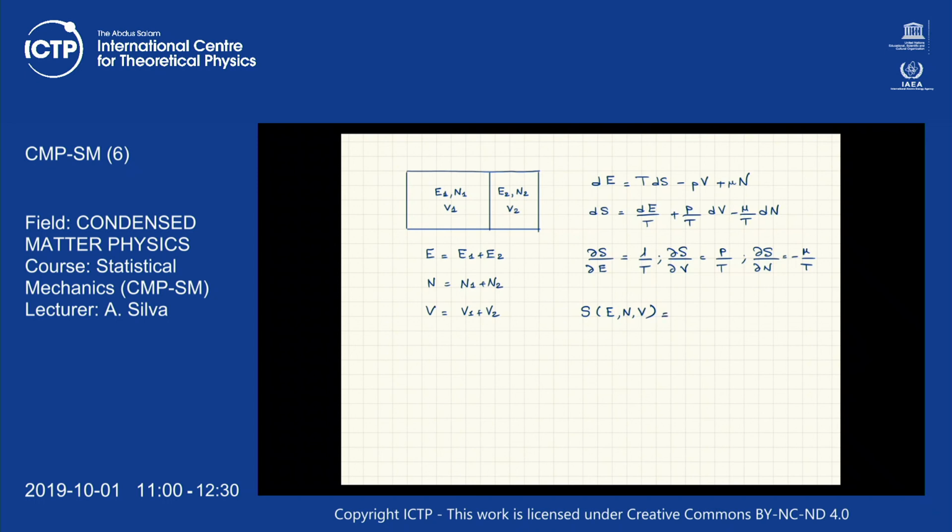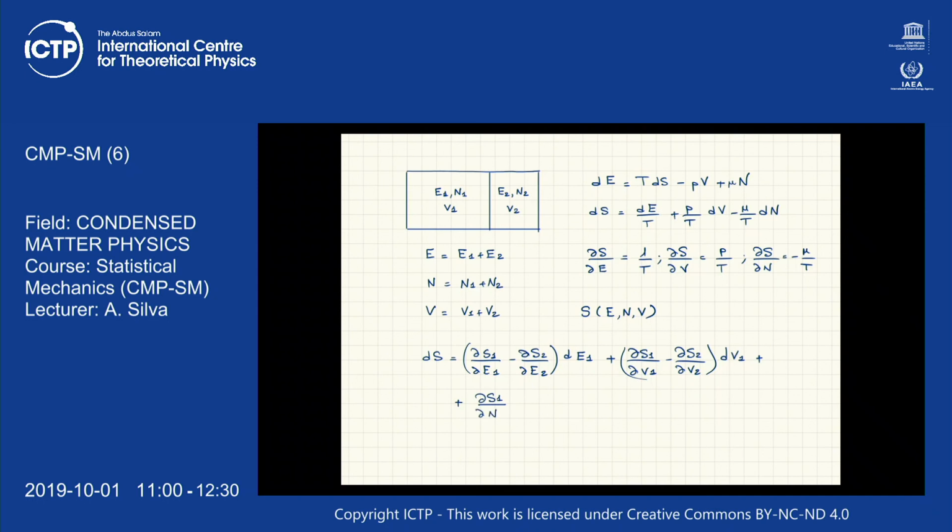So if I now take S as a function of these things and I consider dS, I see that this is (dS1/dE1 minus dS2/dE2) dE1 plus (dS1/dV1 minus dS2/dV2) dV1 plus (dS1/dN1 minus dS2/dN2) dN1.